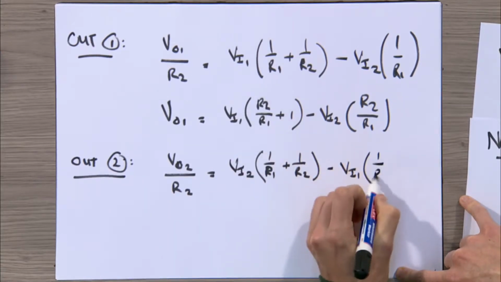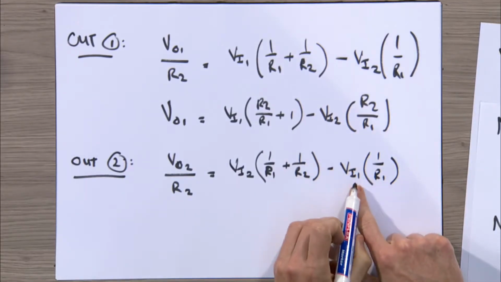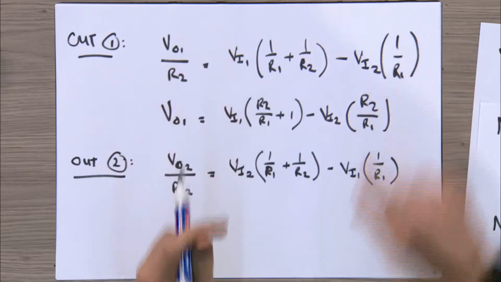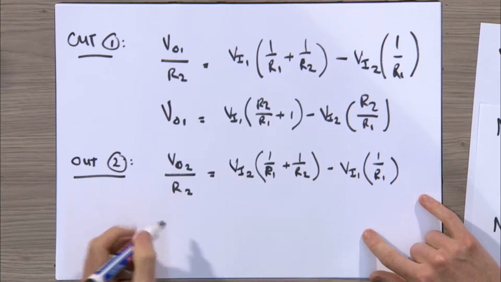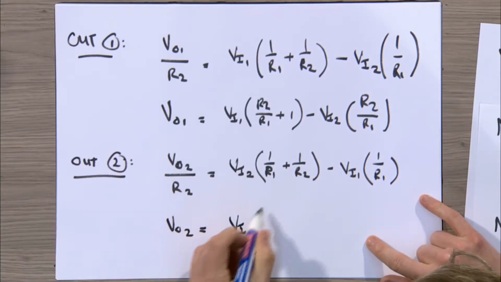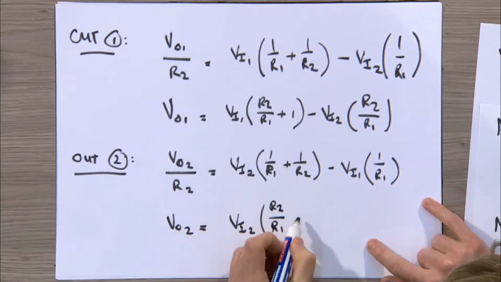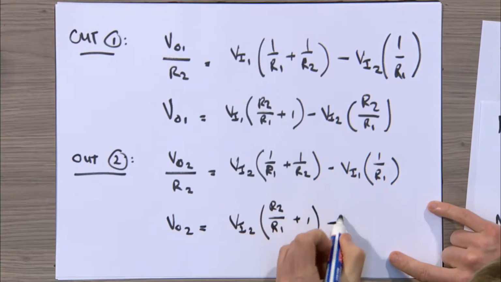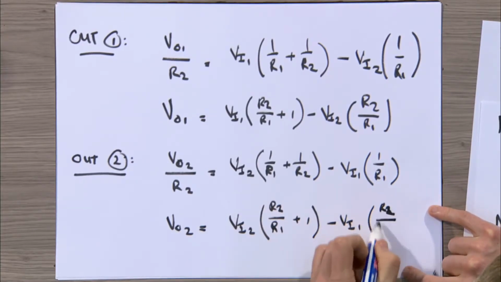You'll see that the Vi1s and Vi2s just swap positions. In this case also multiply up the R2. So that's Vout2 equals Vi2 times (R2 divided by R1 plus 1) minus Vi1 times R2 divided by R1.